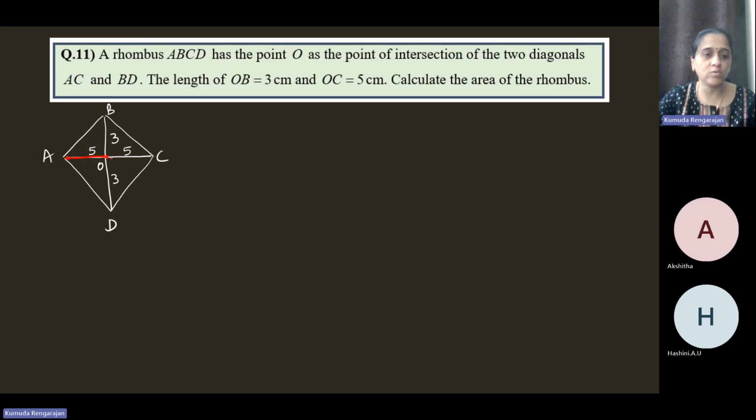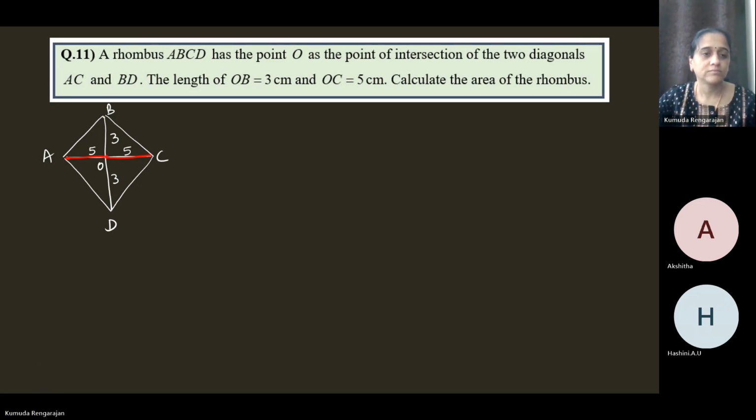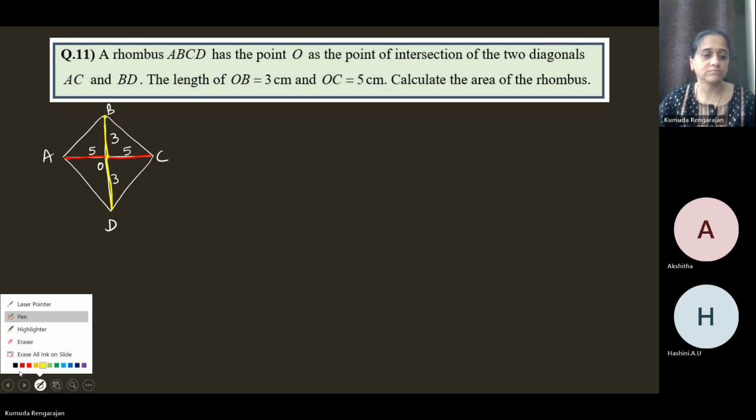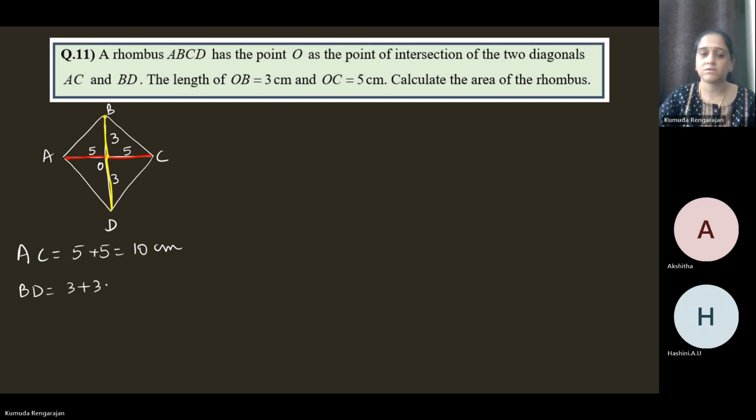OA is equal to OC. OB is equal to OD. So what is AC? AC is equal to 5 plus 5, 10 centimeters. BD is equal to 3 plus 3, 6 centimeters.